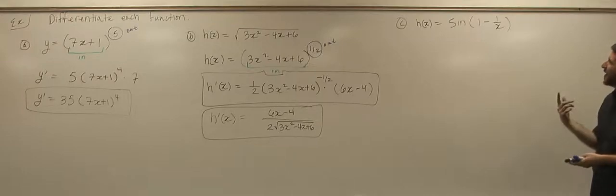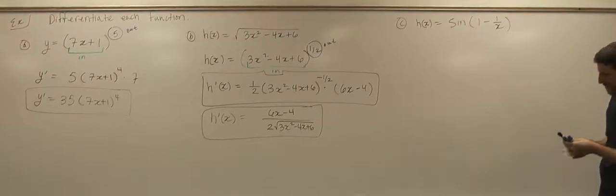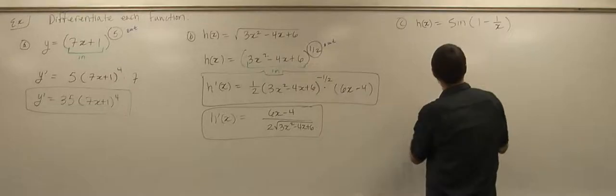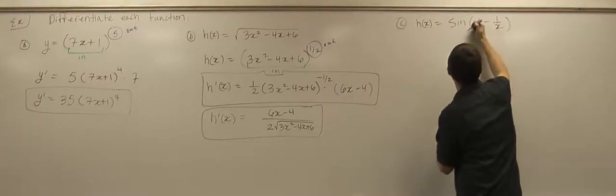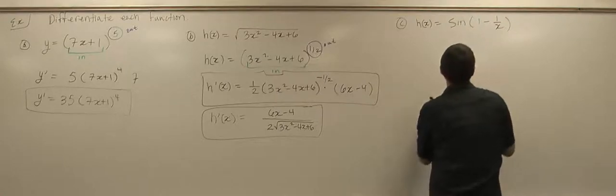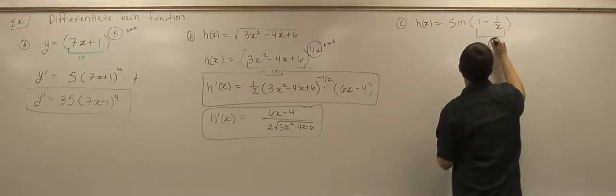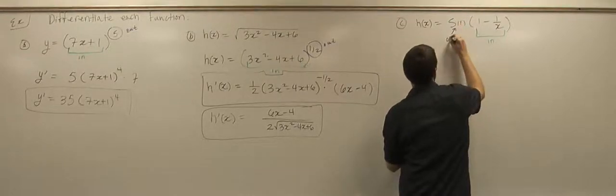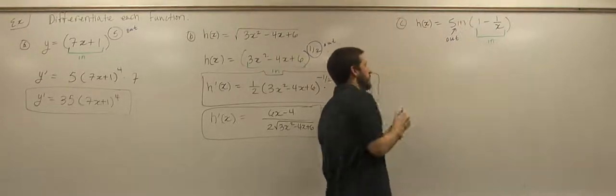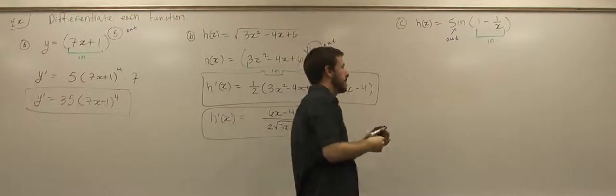All right, so inside, outside. The inside is this guy, right? 1 minus 1 over x. This is the inside, and the outside is sine. So you start with the derivative of the outside.